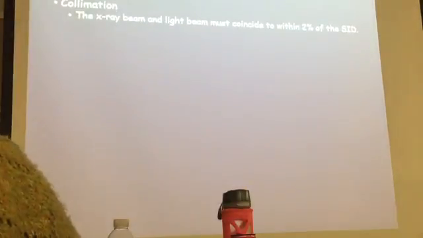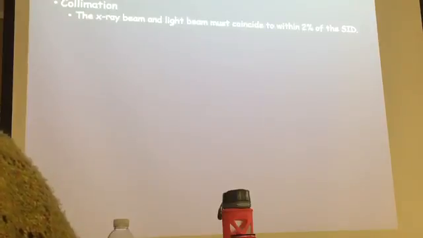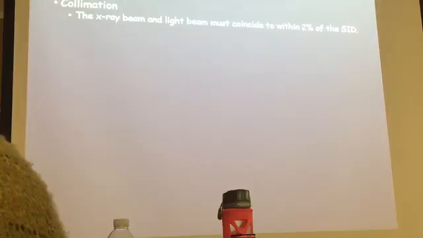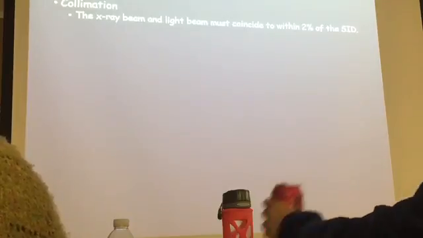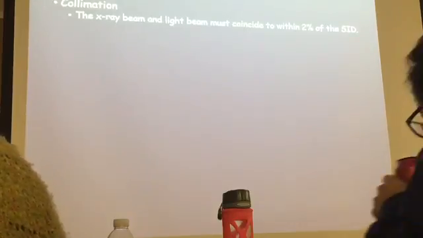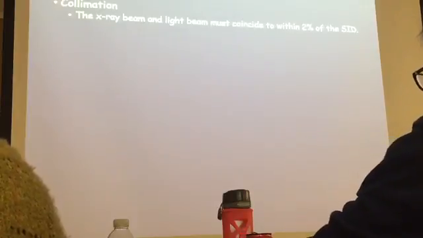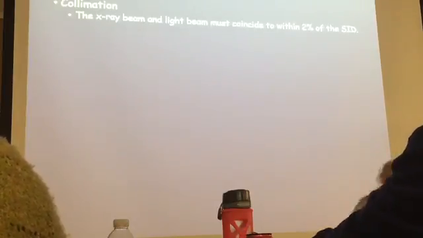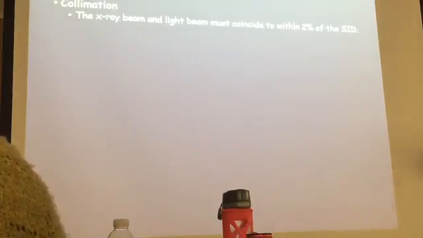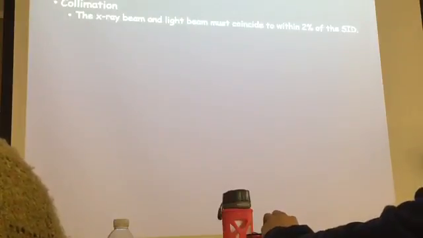All right, next, the collimation. The X-ray beam and light beam must coincide within 2% of the SID. So at the SID that you're using, say you're doing a hand, you do it at what distance? 40. So you measure your 40 inches, 100 centimeters. Approximately 40 inches is a meter.